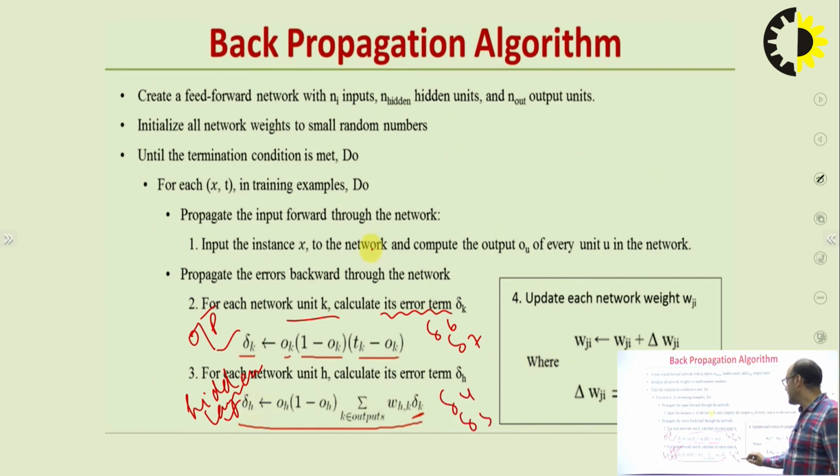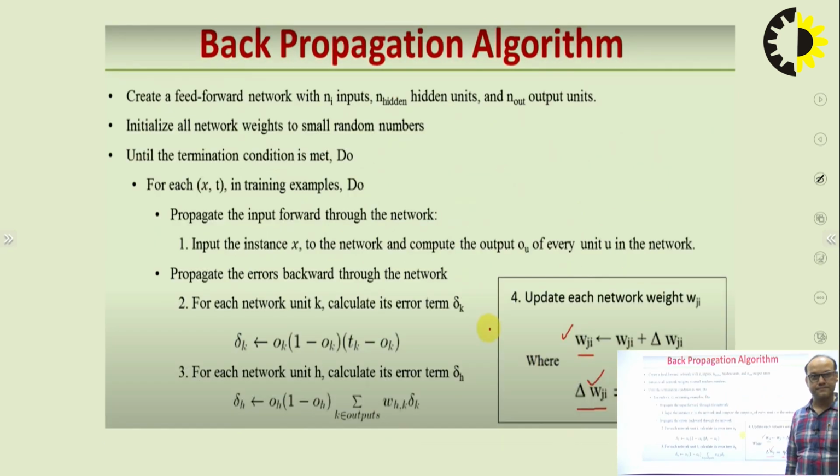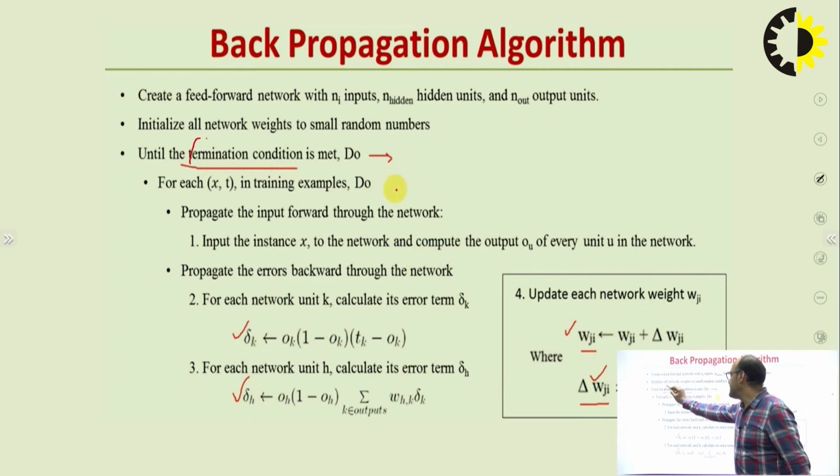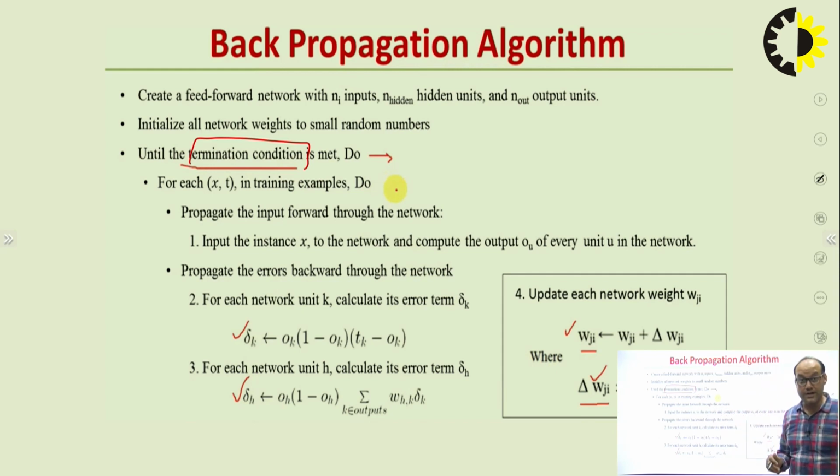Then we will update the network weight wji: delta wji plus wji, with eta the learning rate, and we will put in these values and update. This will keep iterating until the termination condition is met. And what is the termination condition? Again I am repeating: until the weights are accepted according to the given problem.